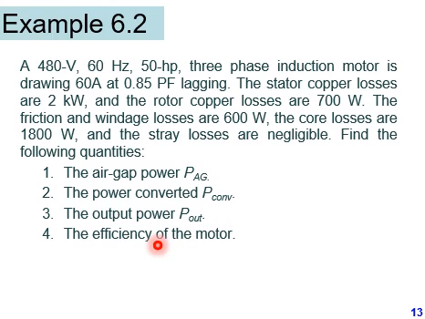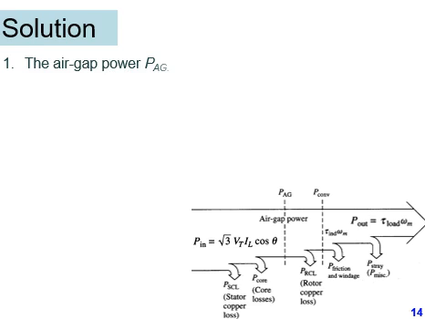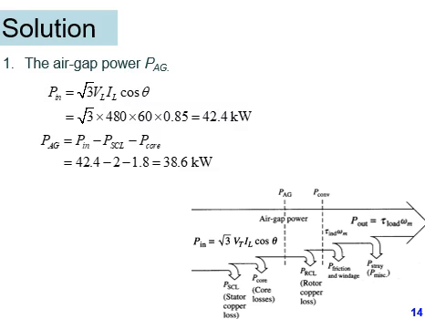So it's quite easy if we know the relationships of these power equations. In the first part, we know the value of P in, and after deducting two power losses, core loss and stator copper loss, from P in, we get the P air gap.